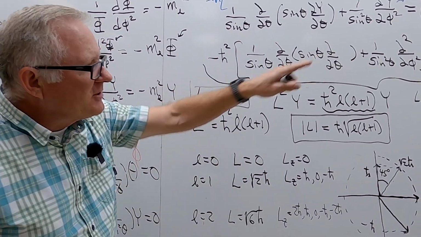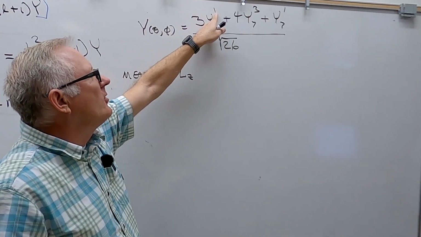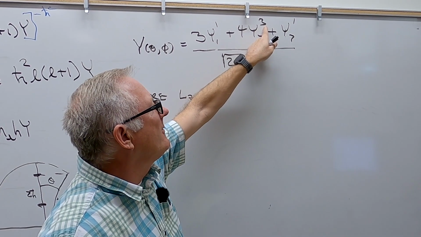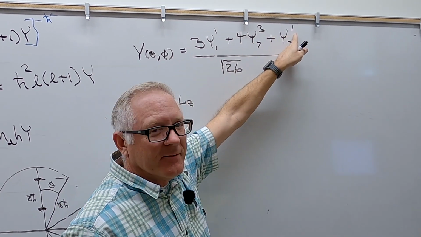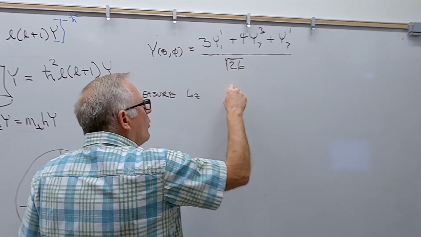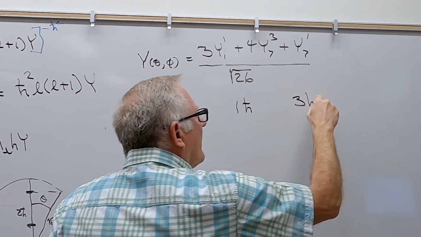And so for the first case, remember m sub L is the number up top. So this thing can give you what? One h bar. This one could give you 3h bar, and this one can give you only 1h bar. So there's two possibilities. You can either get 1h bar, or you can get 3h bar, right there.